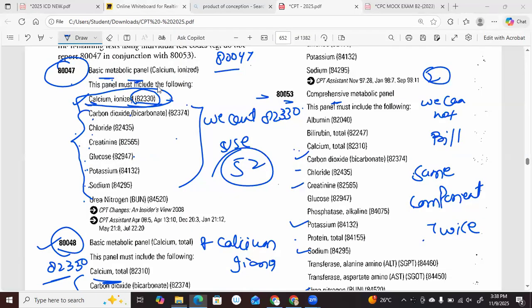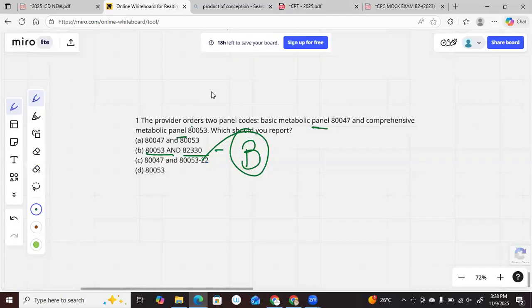Okay, 80047 is the basic metabolic panel. In your question, the patient is coming for two panels. The provider ordered two panels, a basic metabolic panel with the code given as 80047, and the comprehensive metabolic panel, with code 80053.